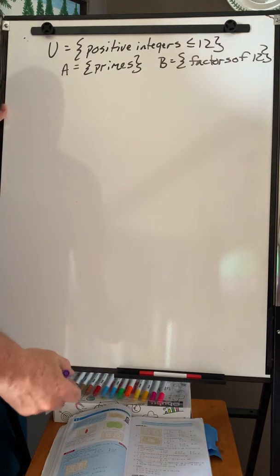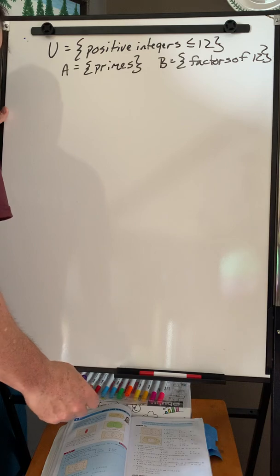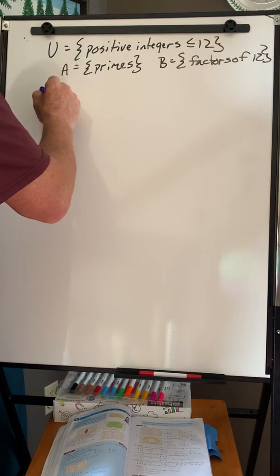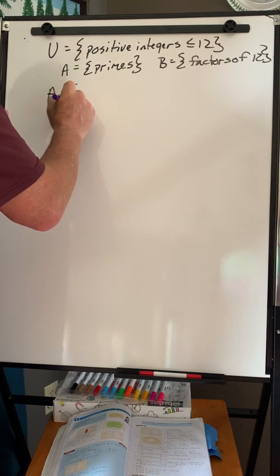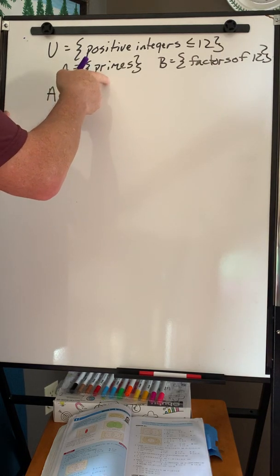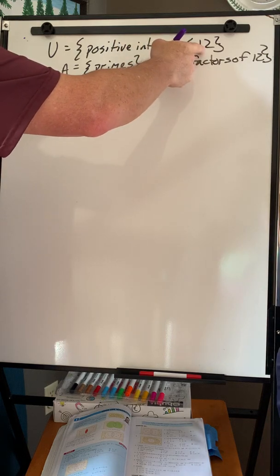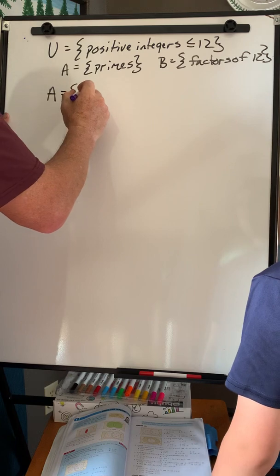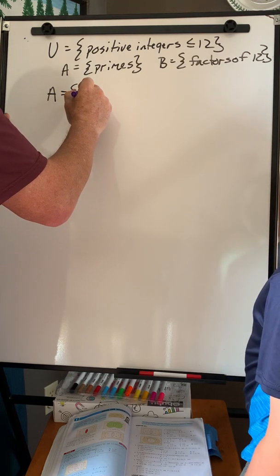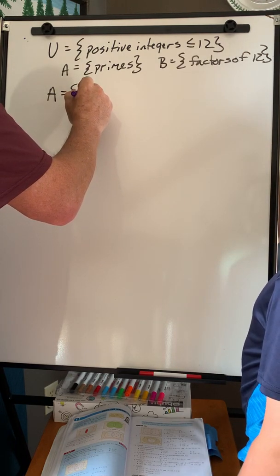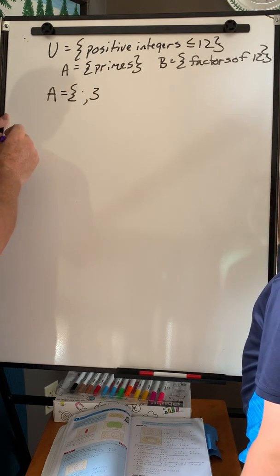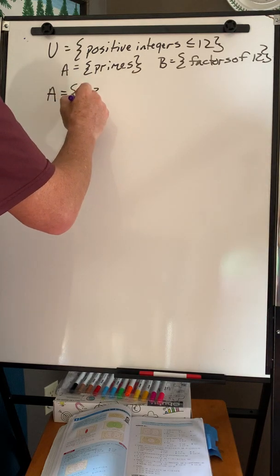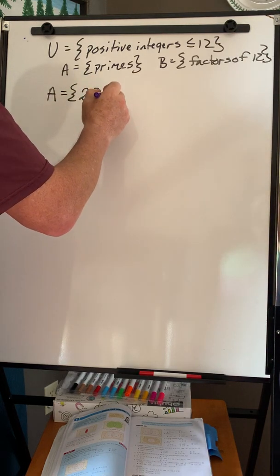So this question says, list the elements of sets A and B. So in set A, we'll write it like this. What are the elements in set A, Katie? Positive integers less than or equal to 12, but we want them to be prime. 3. Yep, 3. What about 2? 2, yeah. 4?